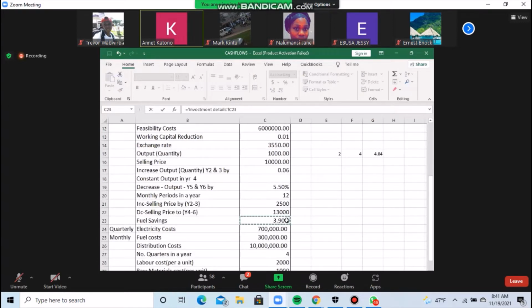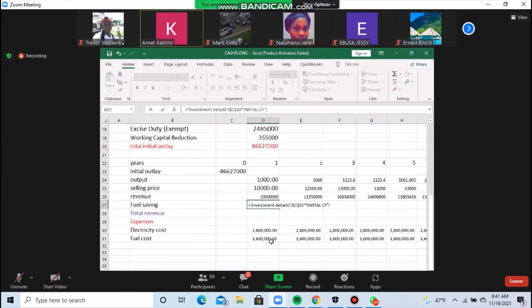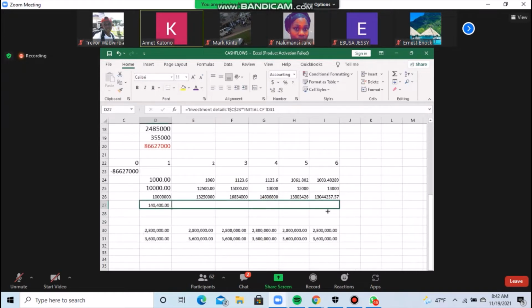And since I'm going to use it throughout my row to determine that saving for all the years up to year 6, I'm going to fix it and multiply it by the actual cost that I have in a particular year for fuel cost. So the 3.6. Enter and get this value. Autofill like that. I hope we are together.